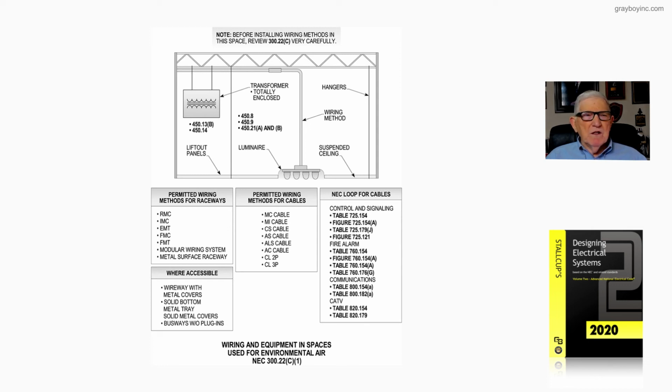And what we did, we just jerked them out of various areas of the code and listed them in one location so that you would have boxed in for wiring methods, boxed in where accessible, you'd have those wiring methods, and then permitted wiring methods are boxed in for cables, and then the NEC loop for these cables for control and signaling, fire alarm, communications, and cable TV, they're boxed in also.